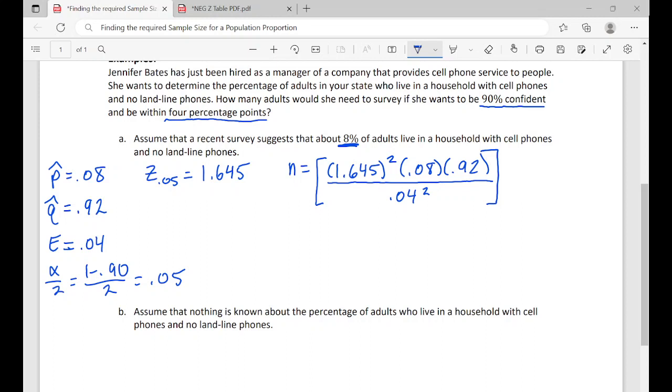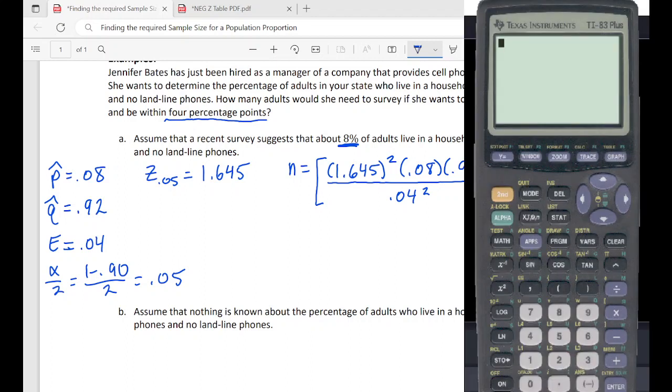So I'm going to bring up the calculator so we can see it in action. It'll block a little bit of it, but that's okay. So we're going to have 1.645 squared times 0.08 times 0.92, and then divide by 0.04 squared.